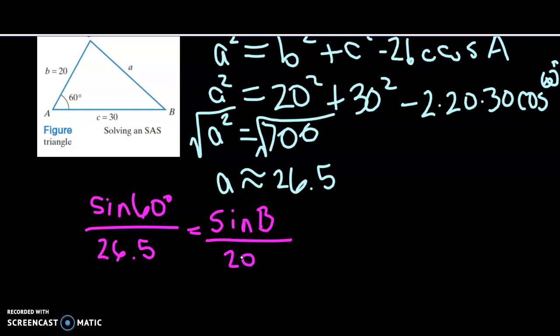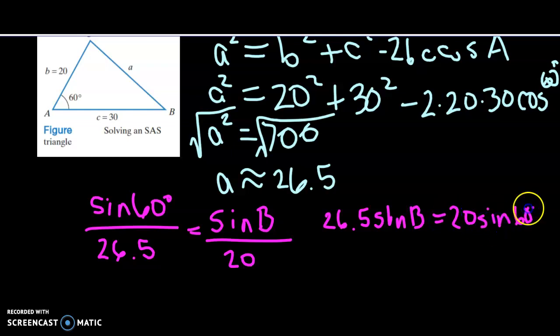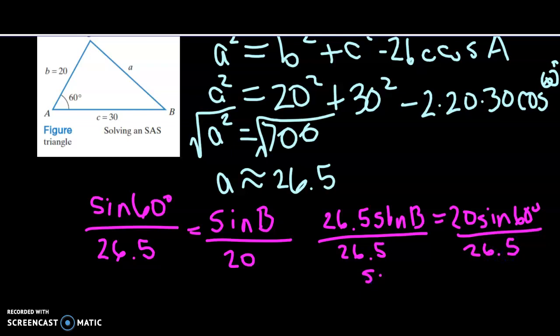So 26.5 sine of B equals 20 sine of 60, divided by 26.5. So sine of B equals 0.65.